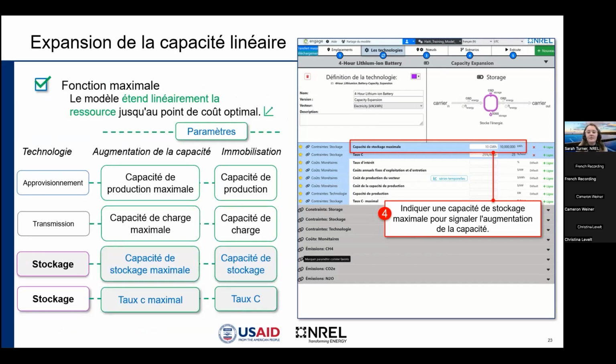So far, we have been modeling technologies as fixed assets, where Engage is not given the choice to build a new resource. But since we want to model a battery as a capacity expansion technology, where Engage is given the choice, we would want to configure 3 specific parameters to signal to Engage that this is a capacity expansion technology.